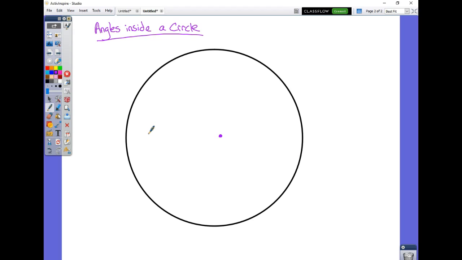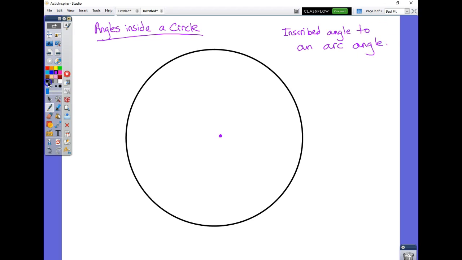The first thing we're going to talk about is going to be an inscribed angle to an arc angle. The arc angle being that piece.